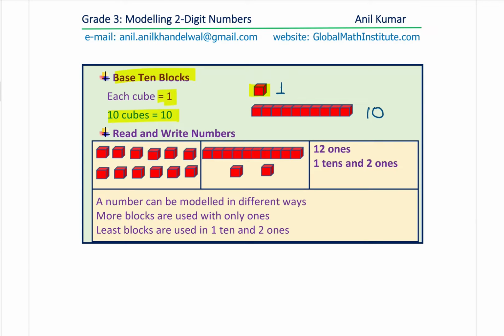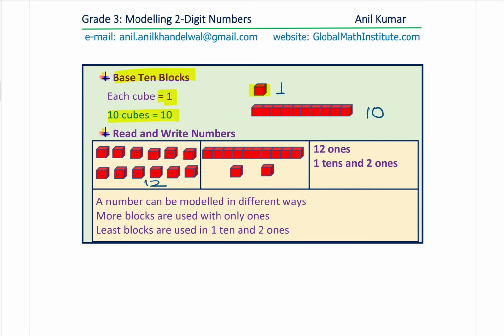Okay. Now, can you read this number for me? What does it represent? Count the number of cubes. Okay, so we have 1, 2, 3, 4, 5, 6, 7, 8, 9, 10, 11, 12. So that is the number 12 for us.